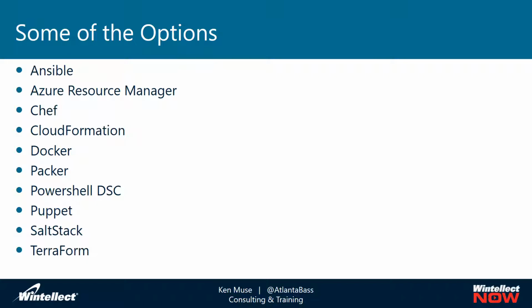Each of these has different strengths and limitations, and all of them can work together or separately to meet your needs. Now, for the rest of this, we're going to focus a little bit on one of the common ways that we're going to deploy infrastructure as code on Azure, because it defines the Azure resources themselves. And that's Azure Resource Manager.